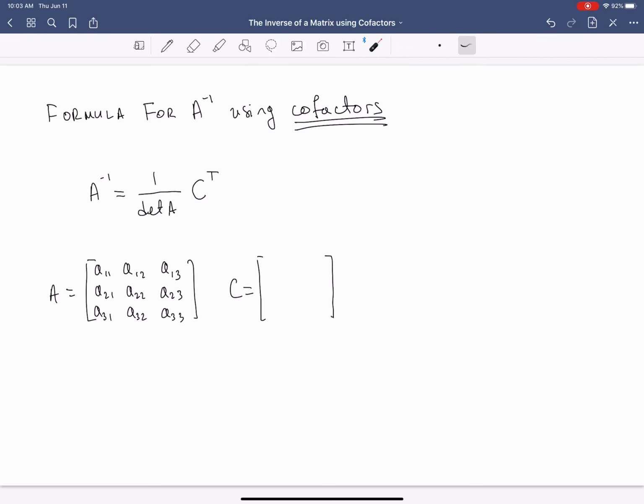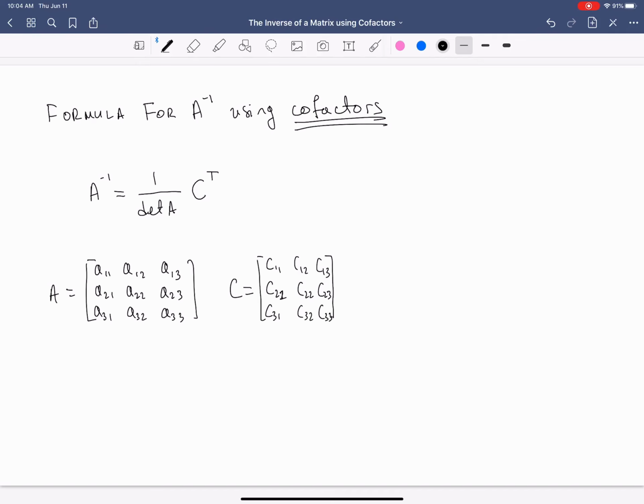So if I take the cofactor for 1, 1, obviously it will be a plus sign times the determinant of that minor. So that determinant will go in this position, right? So this will have the cofactors C11, C12, C13, C21, C22, C23, C31, C32, C33.